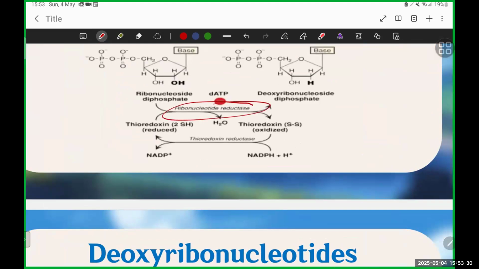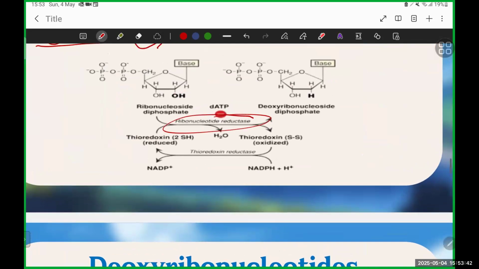Okay, so whoever's taken chemistry in school, we've done reduction and oxidation. Reduction means removing the oxygen basically. So you can see here there is OH here, but there's this H here. So you just remove the oxygen, right? So that's why it's ribonucleotide reductase, reducing the ribonucleotide to get your deoxyribonucleotide.